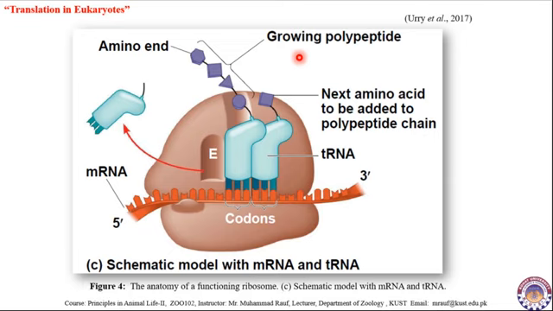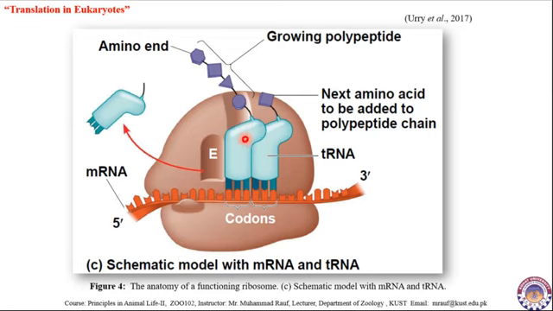So a tRNA fits into a binding site when its anticodon base pairs with an mRNA codon. Here, if a complementary association is established, then this tRNA will be in a position to release its amino acid. The P site holds the tRNA attached to the growing polypeptide chain.